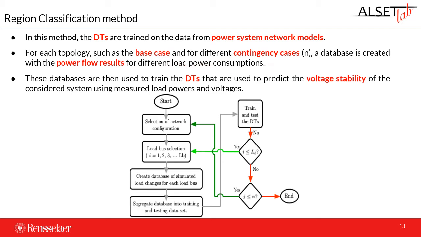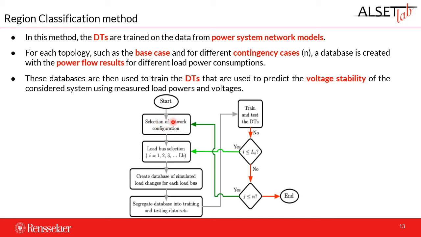In this approach, we're not going to do dynamic simulation, but something very similar to continuation power flow. This database of results is going to be used to predict voltage stability, considering synthesized load powers and voltages. This is sketched here.